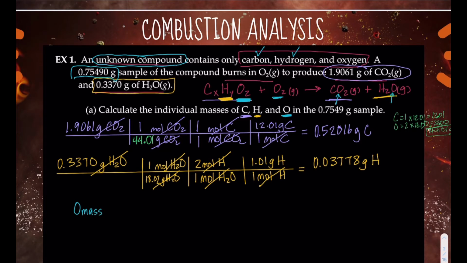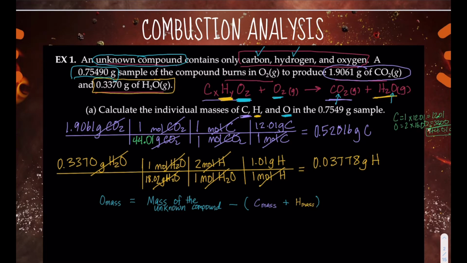The mass of oxygen can then be solved for by subtracting the combined mass of carbon and hydrogen that we just solved for from the mass of the unknown compound.